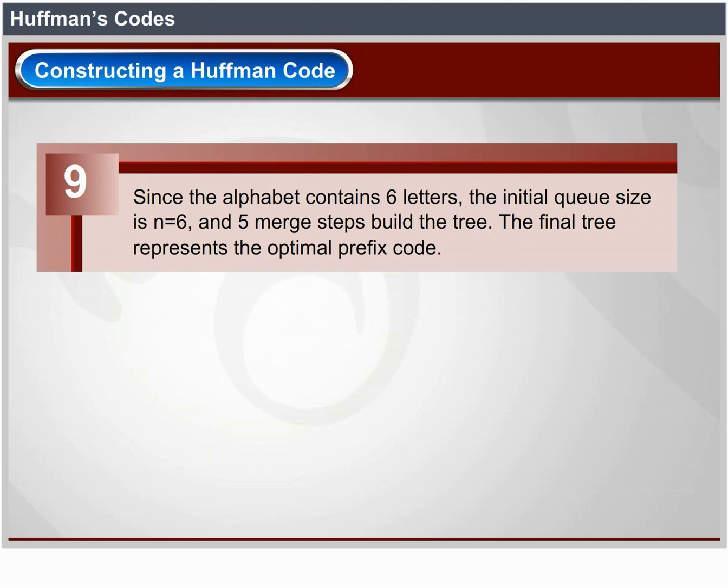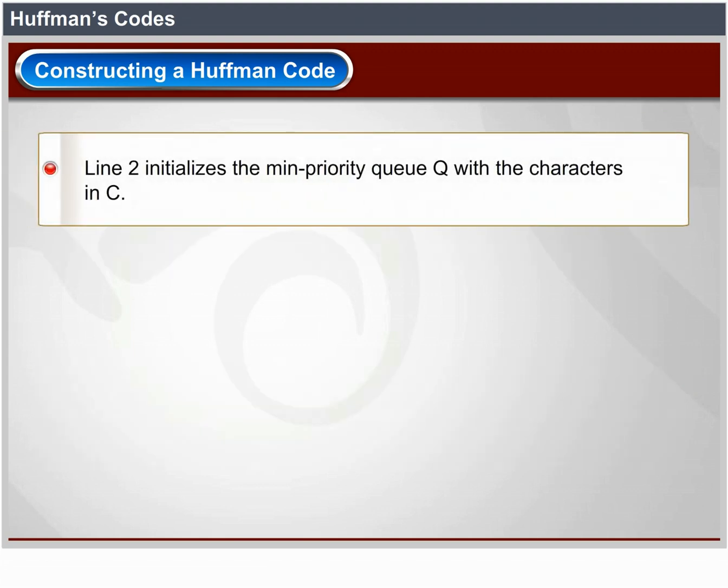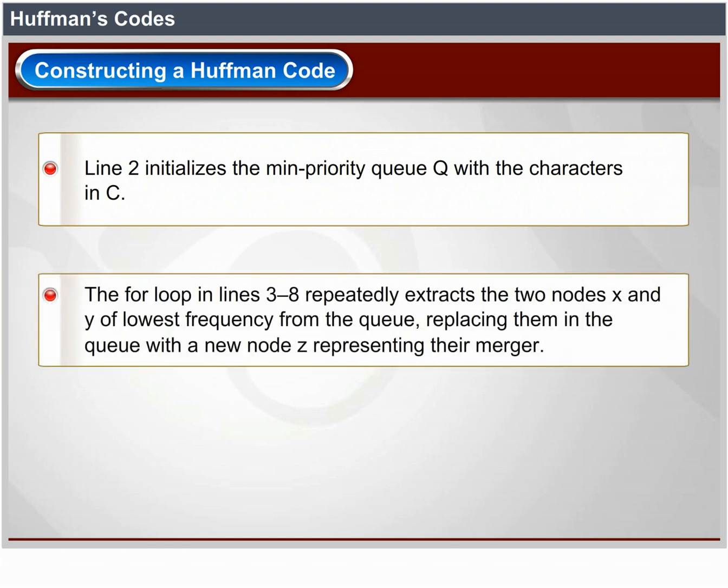The code word for a letter is the sequence of edge labels on the simple path from the root to the letter. Line 2 initializes the min priority queue with the characters in C. The for loop in lines 3 to 8 repeatedly extracts the two nodes x and y of lowest frequency from the queue, replacing them in the queue with a new node z representing their merger.